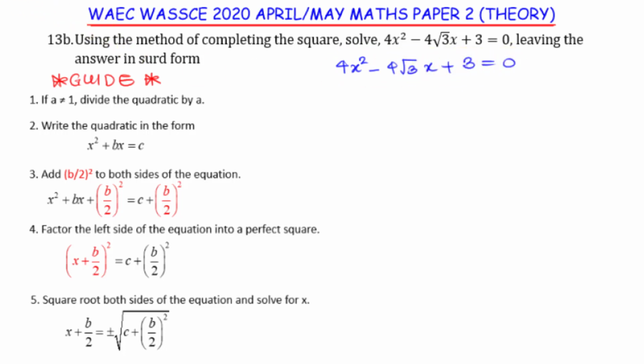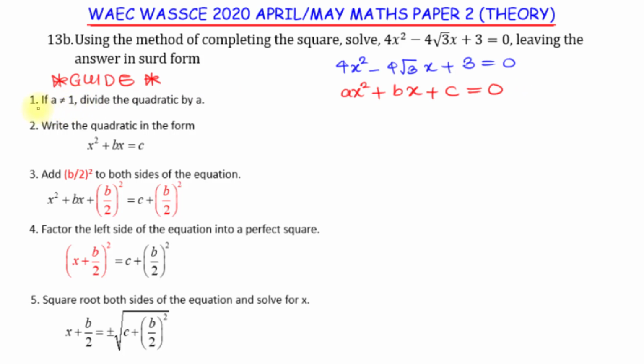If you compare this with the general equation ax squared plus bx plus c is equal to 0, you can see that a, the coefficient of x squared, is 4, b, the coefficient of x, is minus 4 root 3, and c, the constant, is 3 in this particular case.